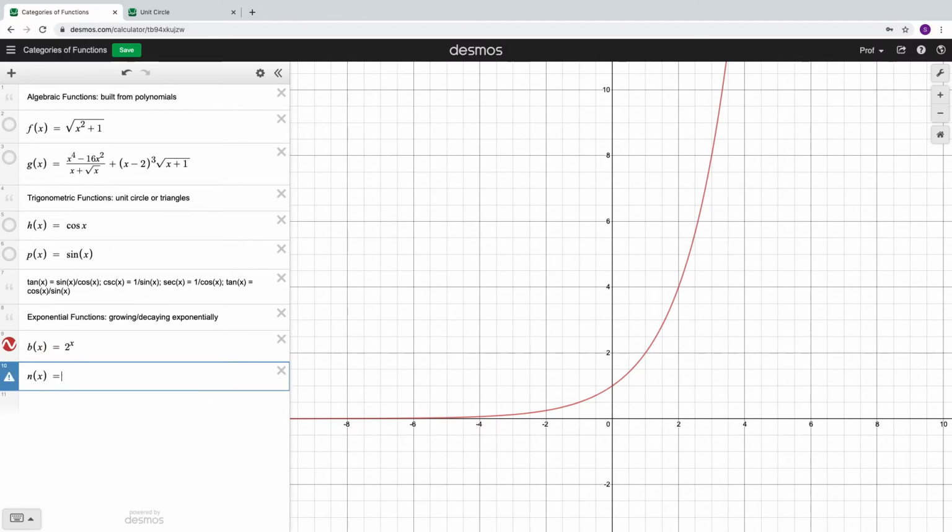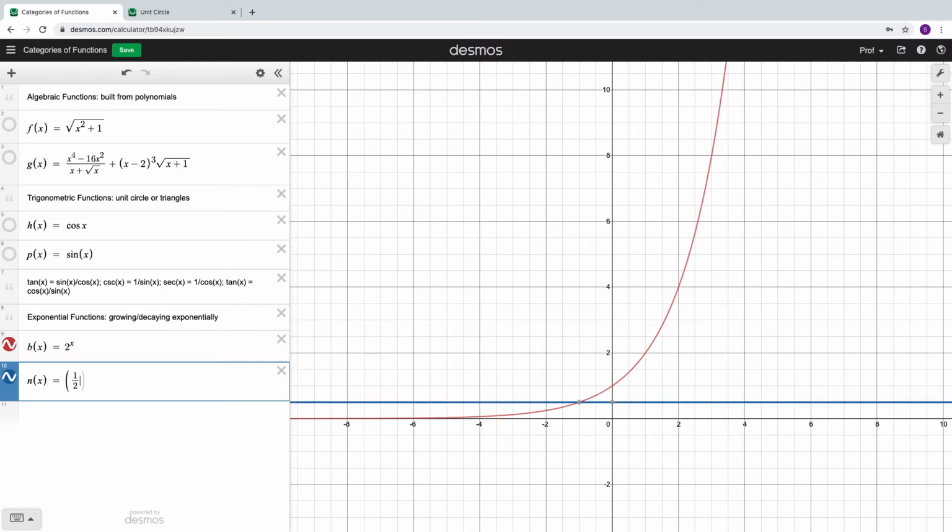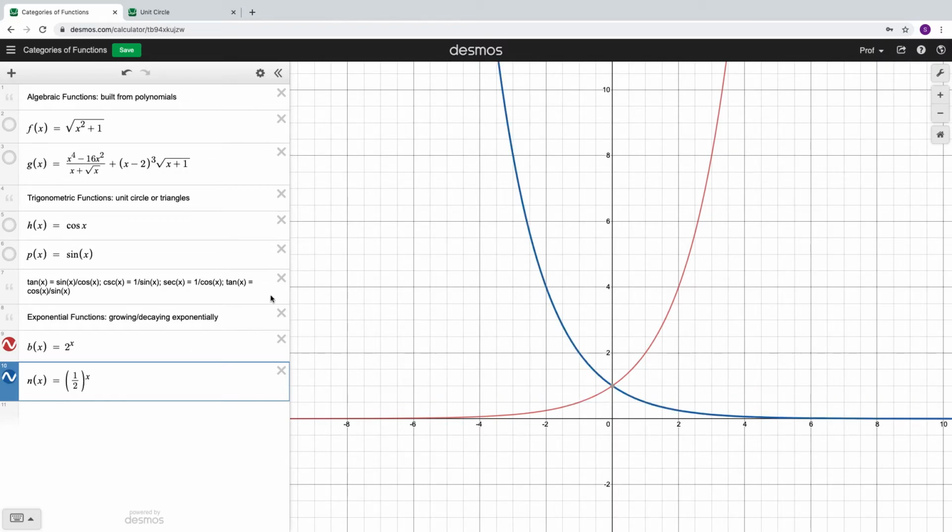If we want a base less than 1, then we have exponential decay. If our base is a very specific number, then we have a natural exponential.